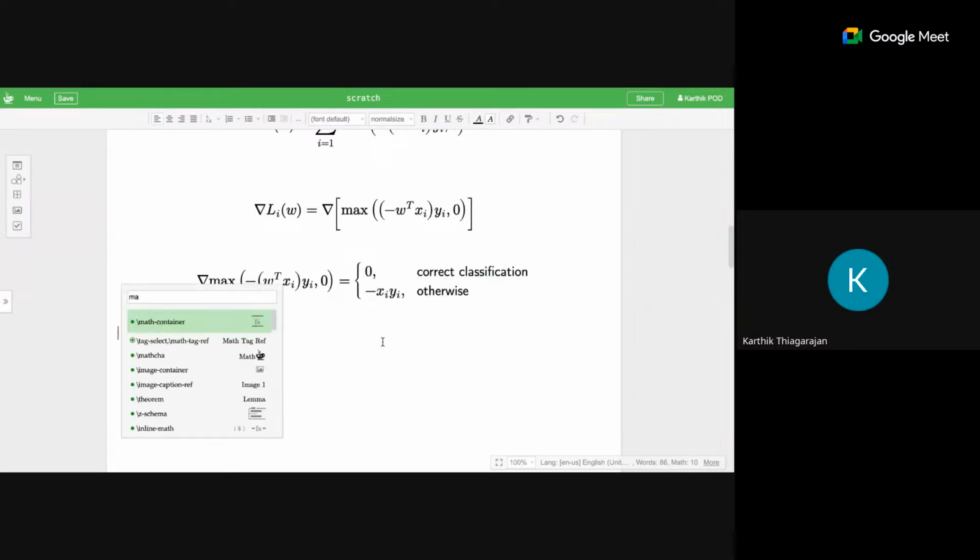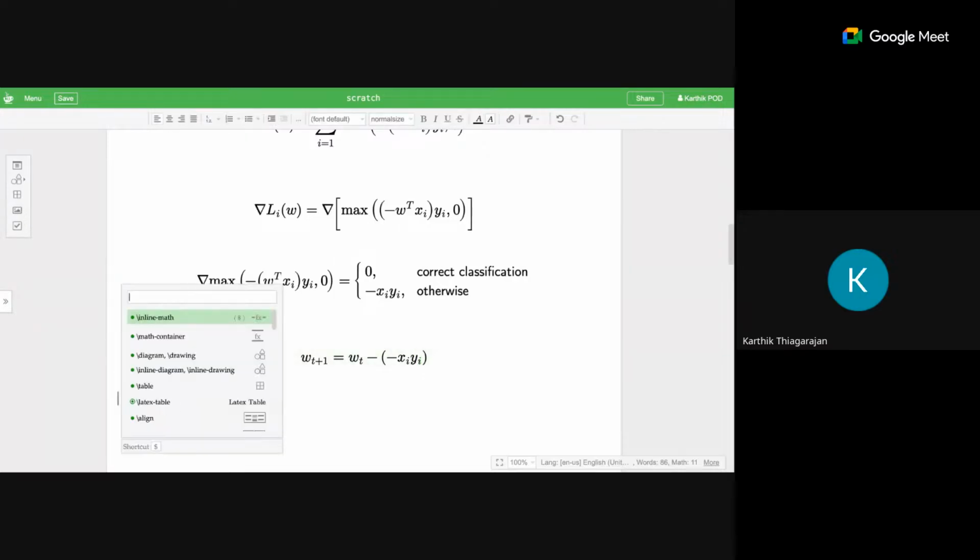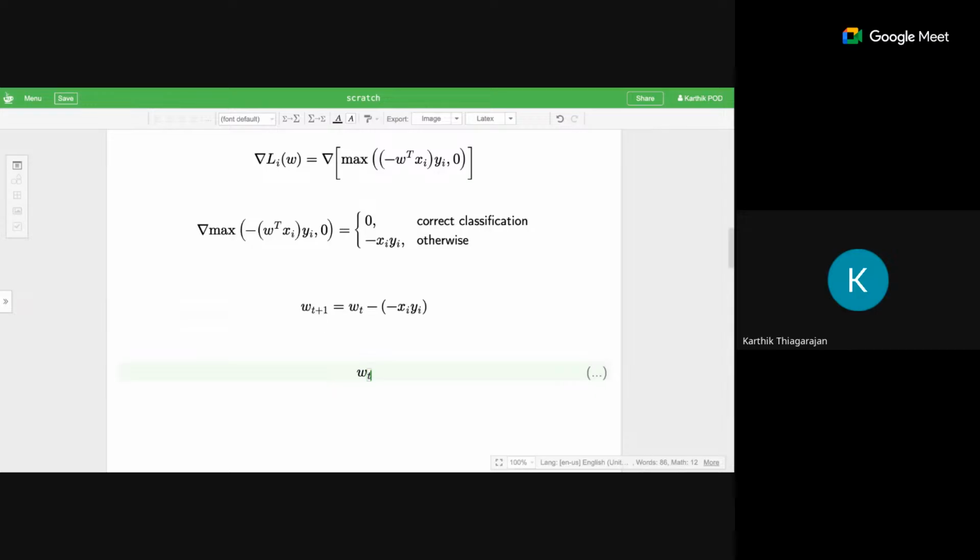Now you apply the gradient descent update rule. So Wt plus 1 is Wt minus eta times the gradient. Eta you keep as 1, the learning rate. The gradient is minus xi yi. So what does this become? Wt plus 1 is Wt plus xi yi, right?